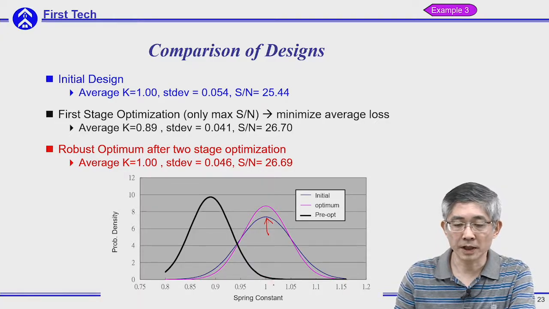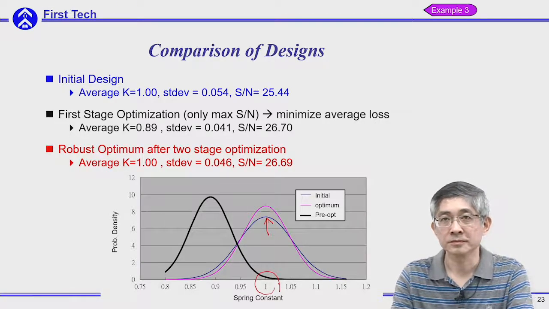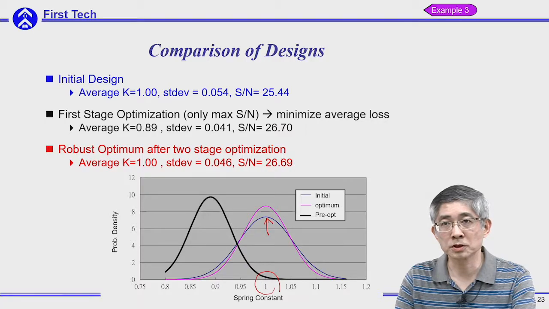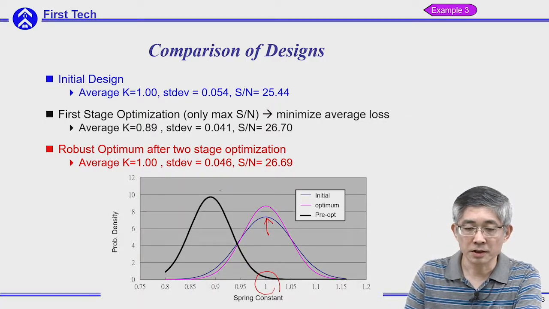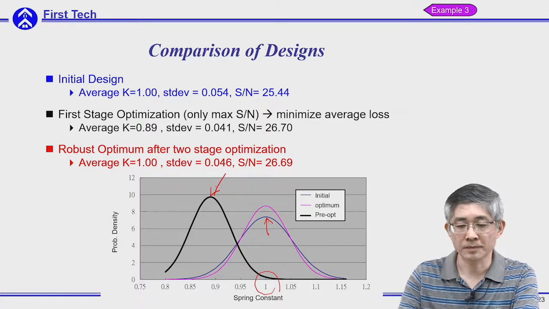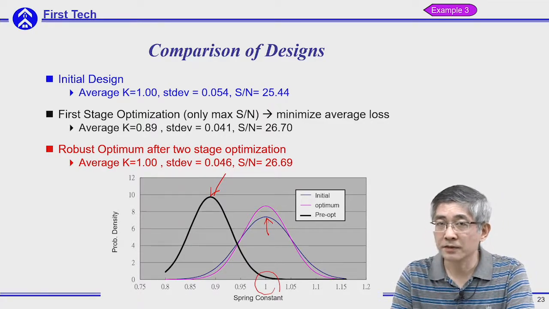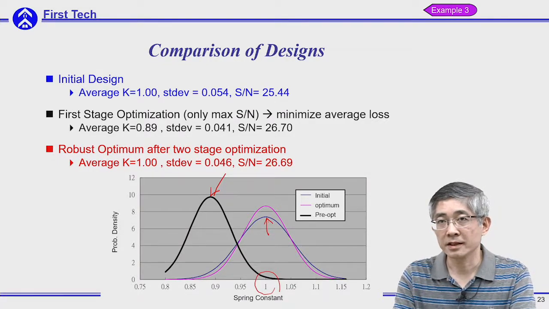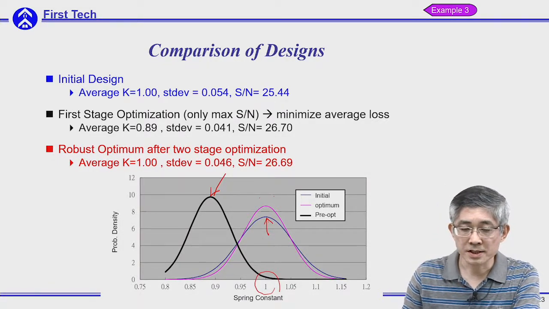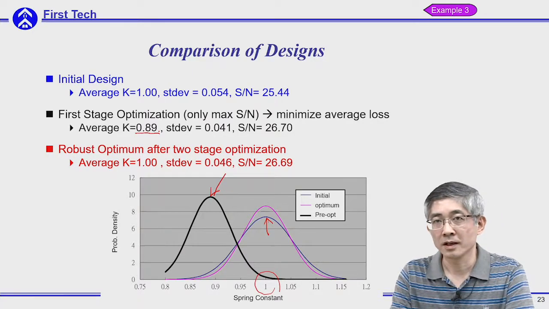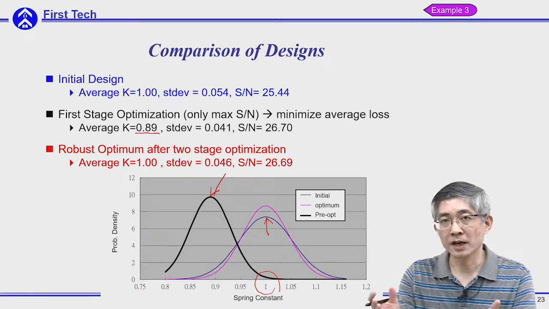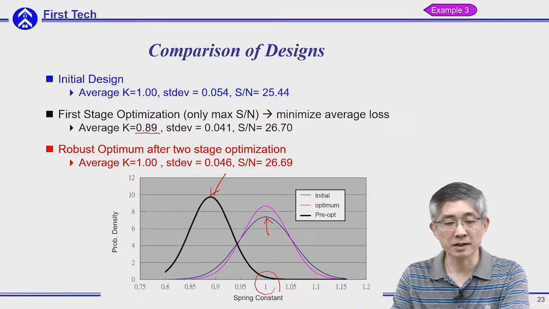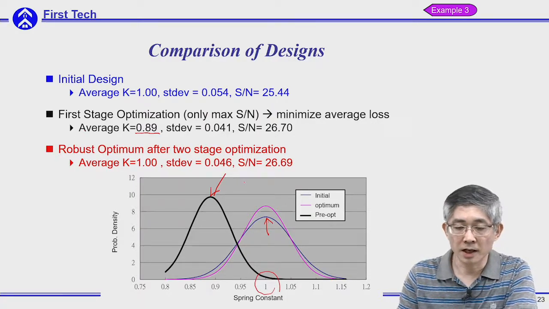The average is right at the target 1. The probability distribution for the first stage optimization is shown here using the black line. Although it does have a maximized SN, the average output is not at the target, it's at 0.89. So at the second stage optimization, we use the scaling factor to move our design to the target, and this is the red line shown here.